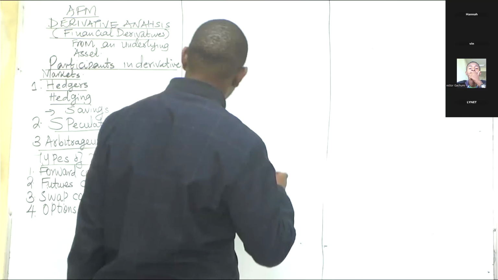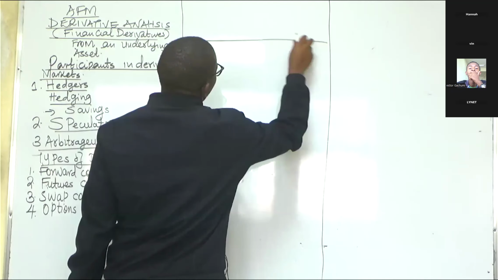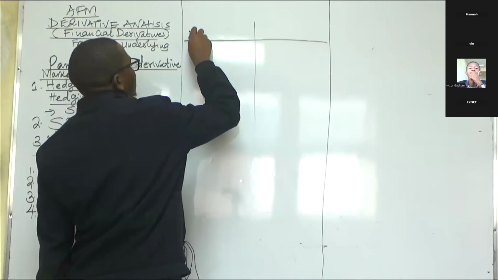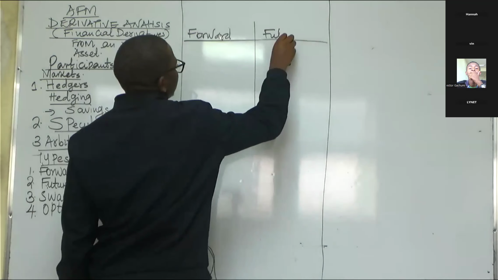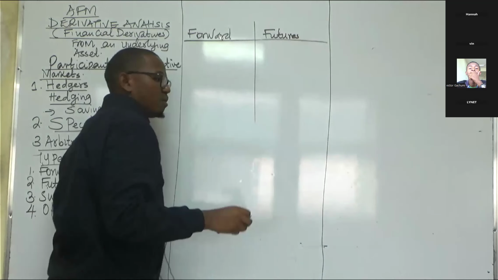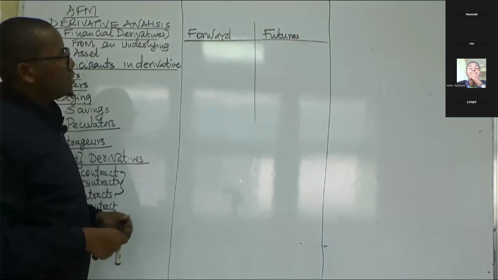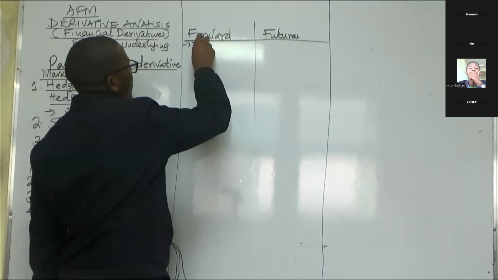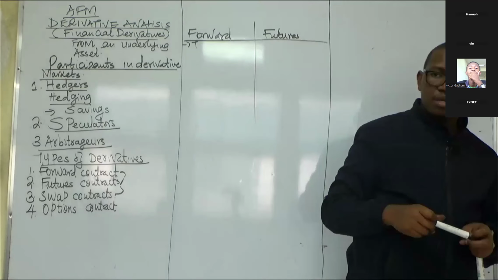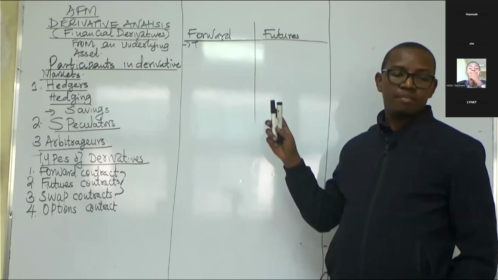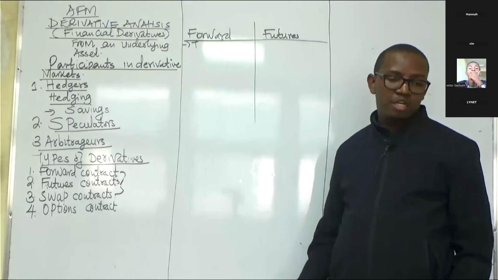Can I have a distinction between the two now? Here you can begin with the forward contracts, and this one is futures contracts. Say for the forward, they are traded in over-the-counter markets.